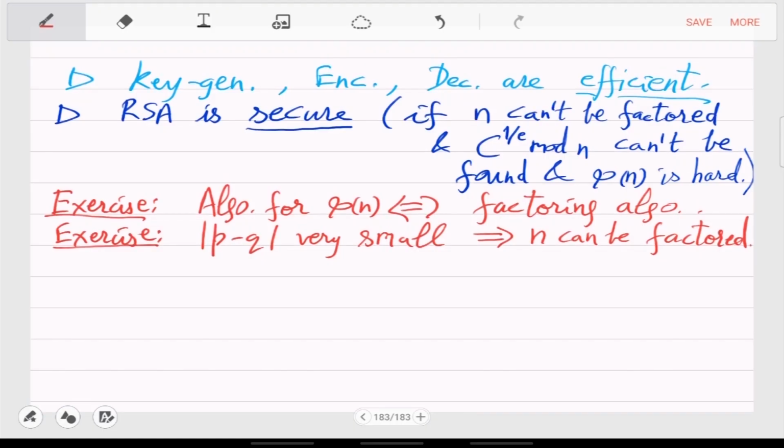Assuming P minus Q is very small, you can easily use that idea to factor n. So that is avoided in the RSA specification. You take 400-digit prime numbers, but they should be far away. Say the difference between them is also 300 digits. Right? So then they are very far, and then there is no hope.